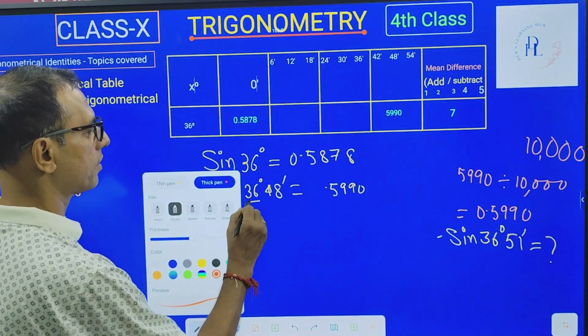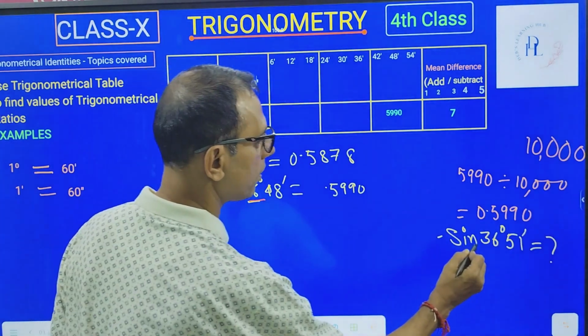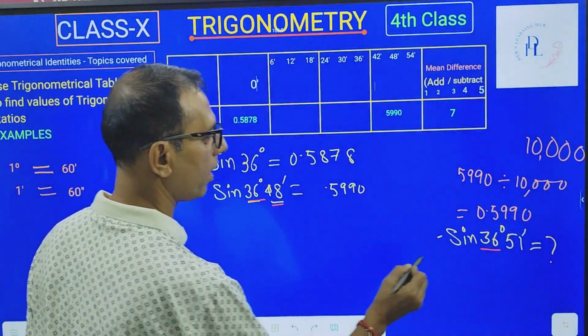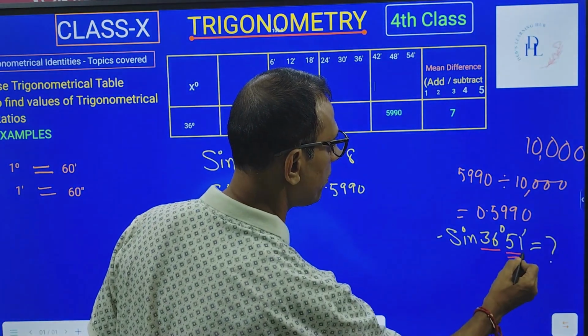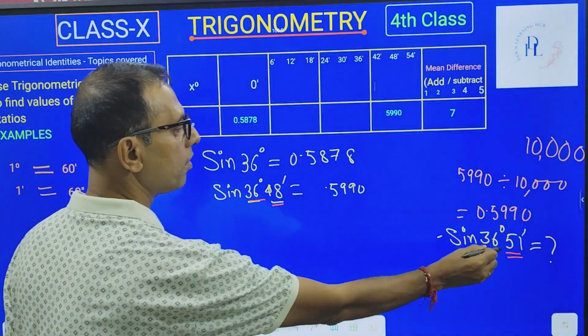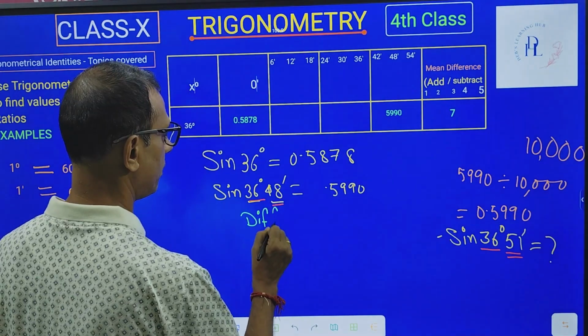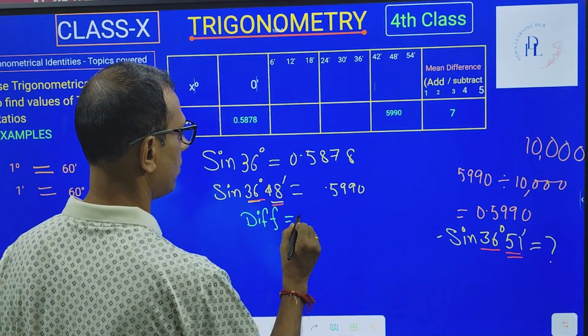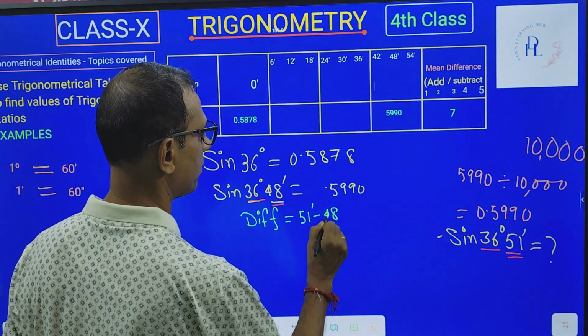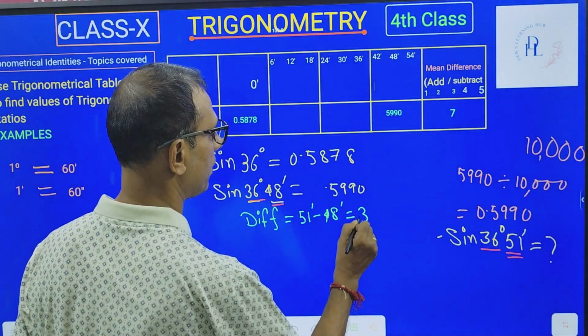Here it is 36 degree, here also it is 36 degree, but here it is 48 minute and here it is 51 minutes. So the difference between these two angles is 3 minutes: 51 minutes minus 48 minutes equals 3 minutes.